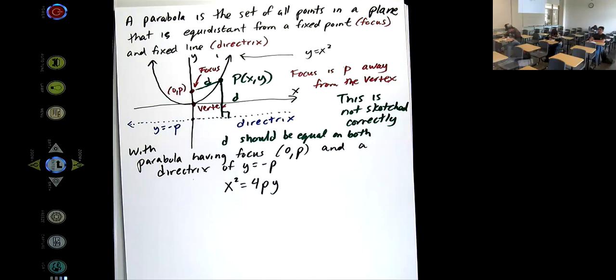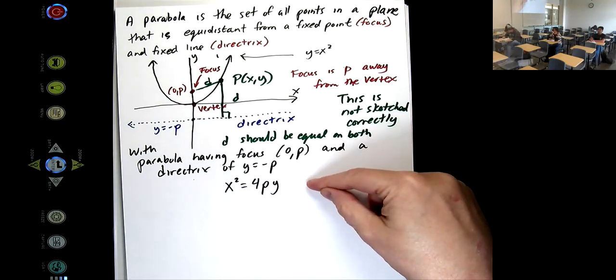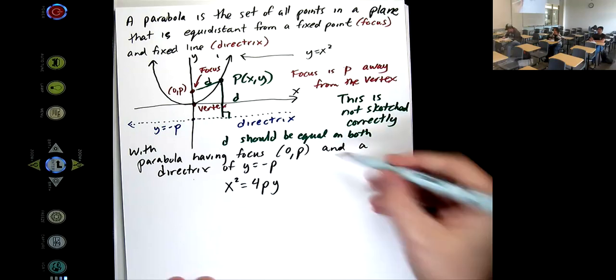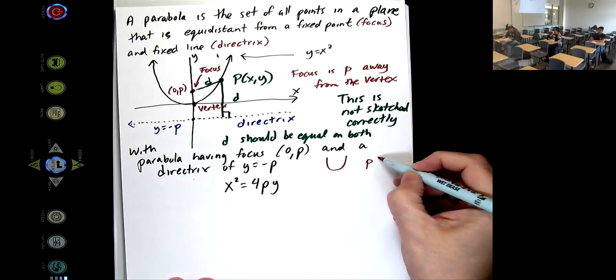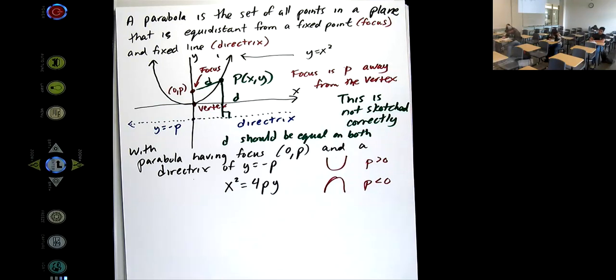This is effectively true if it opens downward too. If it opens downward, the focus is on the bottom, but it's still (0, p), but p will just be negative. So if it opens up, p is greater than 0, and if it opens down, p is less than 0. But this equation still holds true.